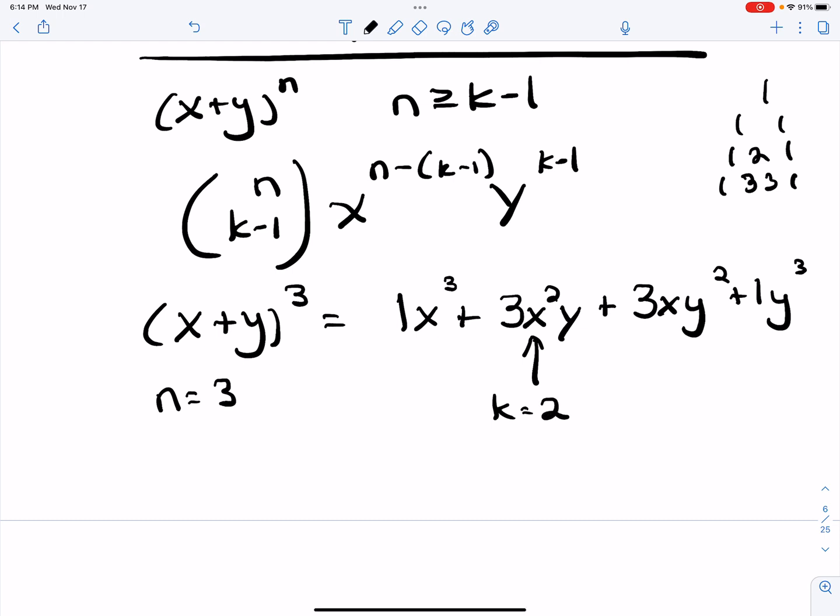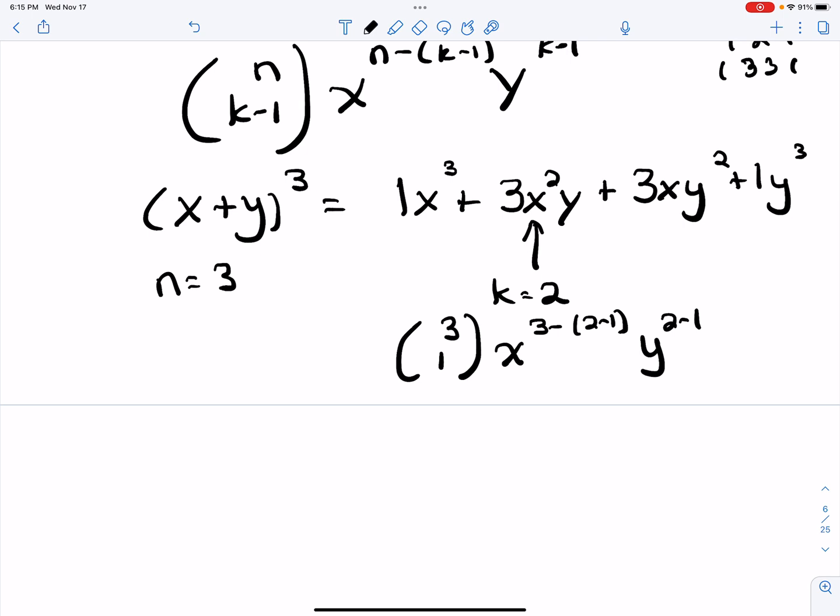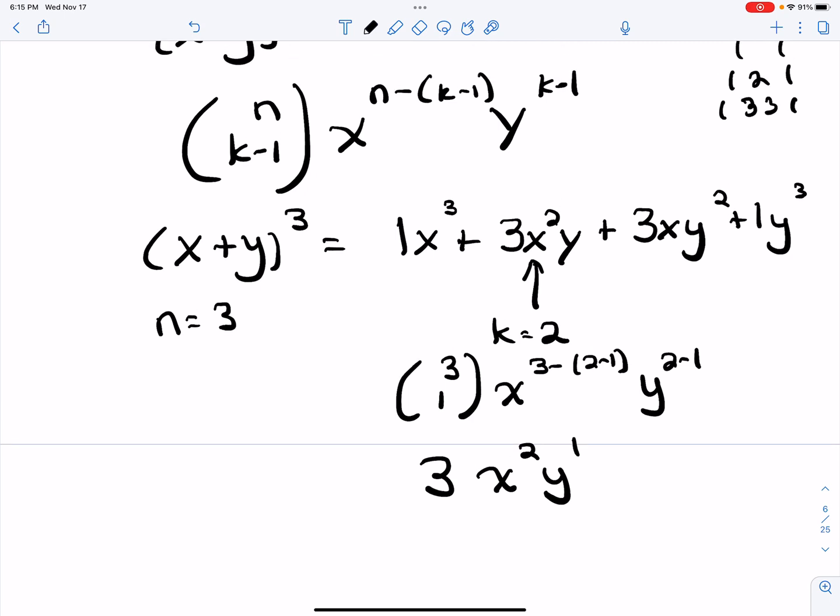It's saying that if you didn't know what the second term was, you could find it by doing 3 choose 2 minus 1, which is 1, and then x to the 3 minus 2 minus 1, and y to the 2 minus 1. So that 3 choose 1 will give you 3, and then x squared, y to the first. So k is what number term you're trying to find. k equals 1 would be the first term, k equals 2 is the second term, k equals 3 is the third term, k equals 4 is the fourth term.